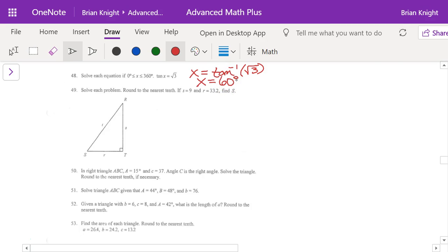And then you ask yourself, using the all star trig class, in what other quadrant is tangent positive? Quadrant 3. What would be a 60-degree angle in quadrant 3? 240 degrees.